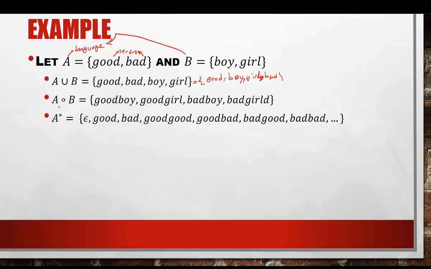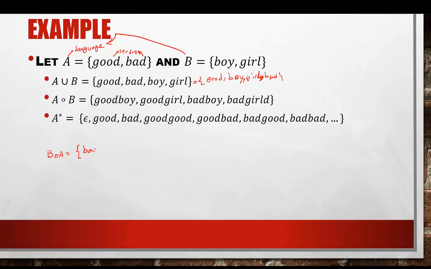In concatenation, though, notice that each member of B comes after each member of A, right? So when you concatenate the sets A and B, you get good boy, good girl, bad boy, bad girl. If you concatenate B with A, the concatenation of B and A is going to be this new language, and each member of B will come first.